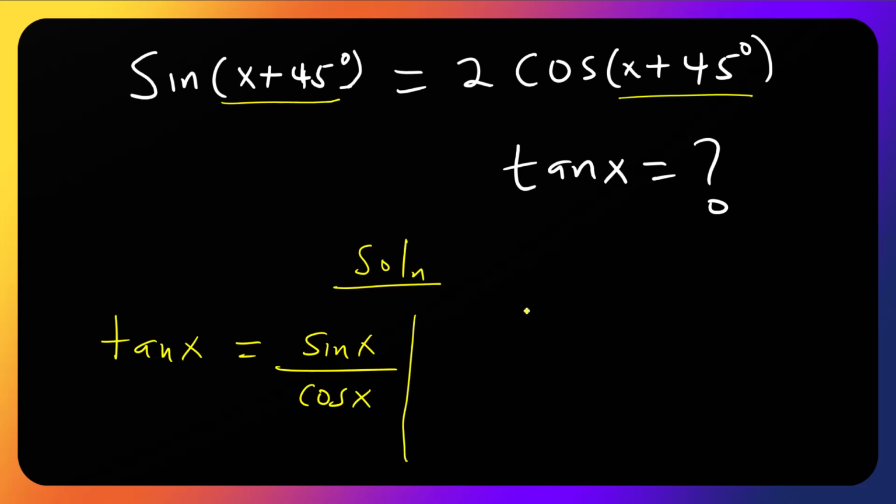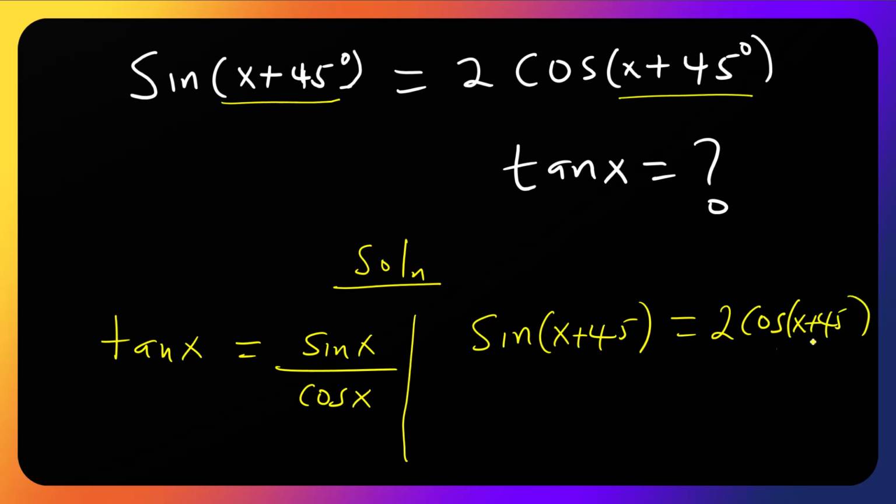Since sine over cos is tan, we can divide both sides by cos(x + 45). So we have sin(x + 45) on cos(x + 45), I can divide both sides by that.